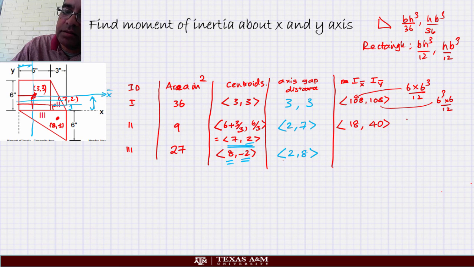This time it is base times height over, that is these two things. And then the last one is the bottom two, which is 54, 121.5.